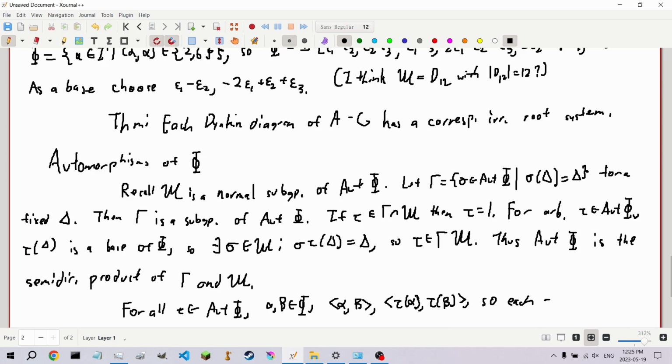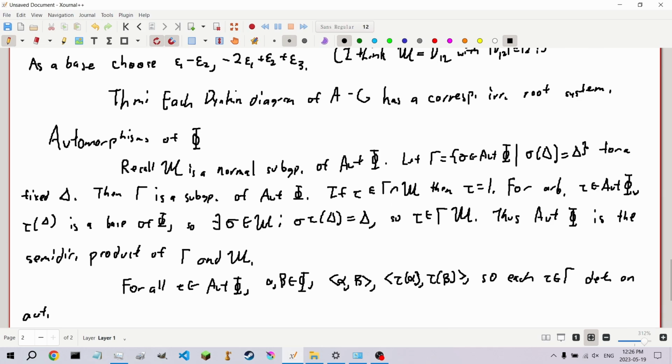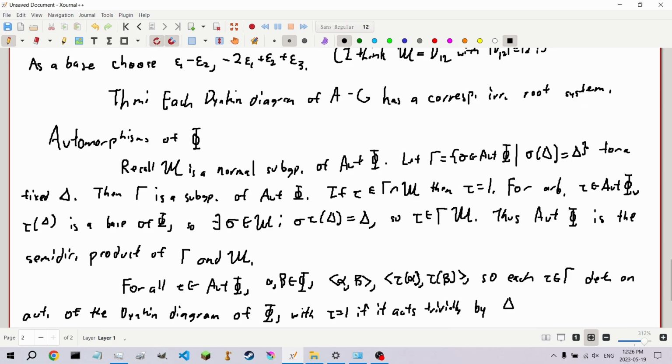So each tau in gamma determines an automorphism of the Dynkin diagram of phi, with tau being equal to 1 if it acts trivially, by delta spanning E.